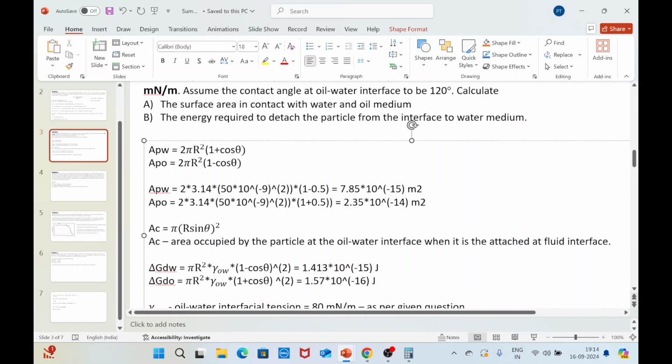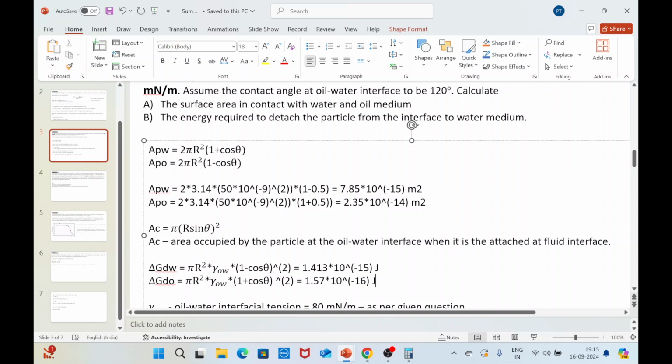It requires less energy to detach the particle from the interface to the oil medium compared to the energy required to detach the particle from the interface to the water medium, because the particle that you are placing in the oil water medium is more hydrophobic, or it dislikes water more.